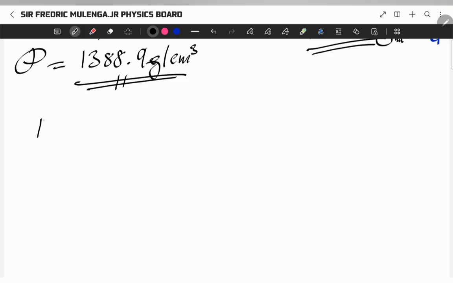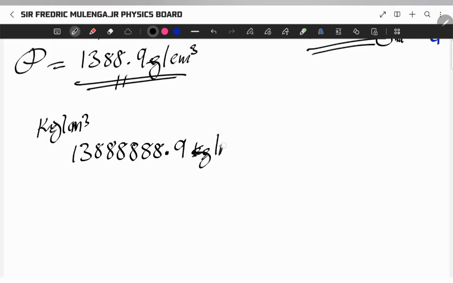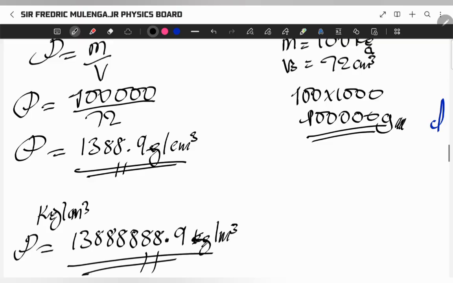And this just gives us in kg per meter cubic, 1,388,900 kg per meter cubic. So this is the same density in kilogram per meter cubic. So this is how you'll be solving these problems. I hope it has helped you.